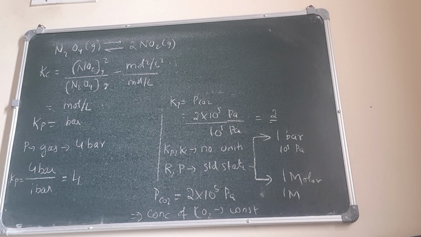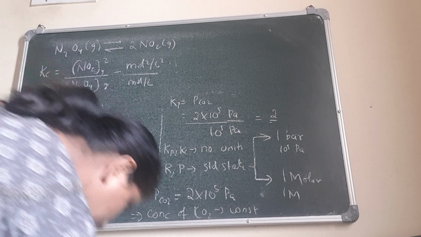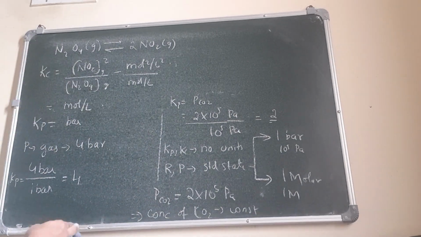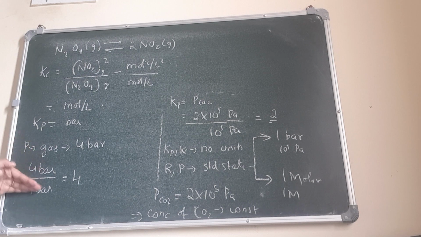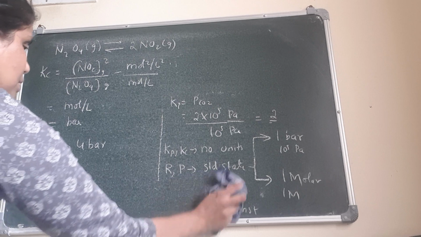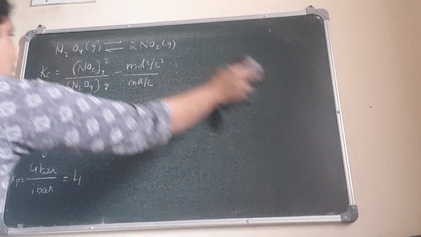That's the reason we consider it this way. Whenever we feel that there is a unit, we always try to write it in its standard state. So whenever you divide by 1 bar, the bar will go and it becomes dimensionless. If it's concentration, we divide it by 1 molar, that is mole per liter.